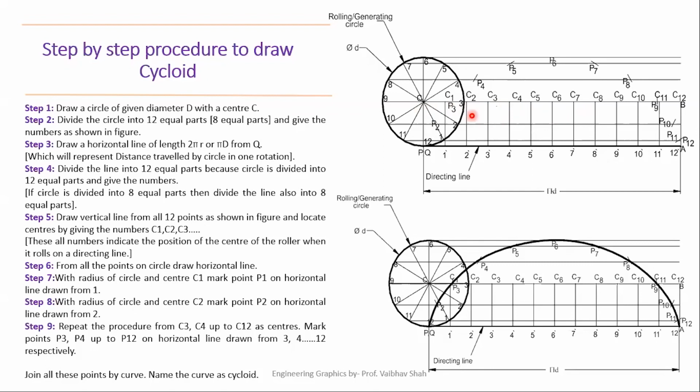Now, after that, we have to simply draw lines parallel to the center line from your point number 11, like this. So this is your line which is exactly parallel to your center line. From point number 10 and 2, you will draw one line which will be exactly parallel to your center line once again.